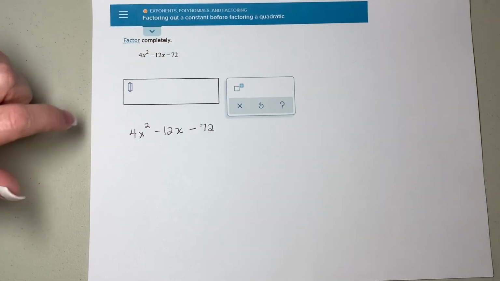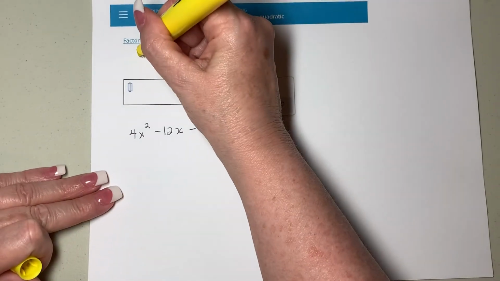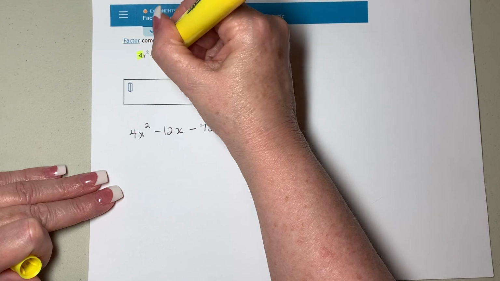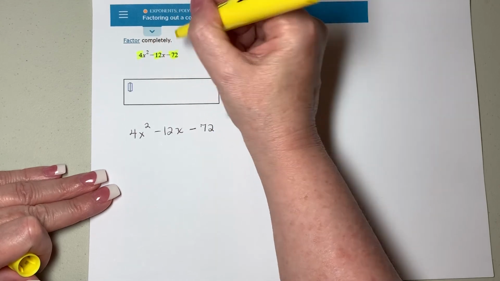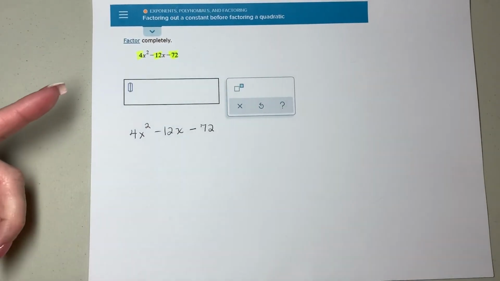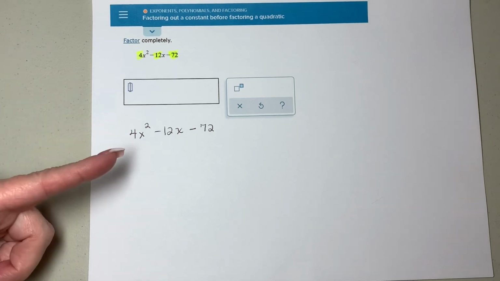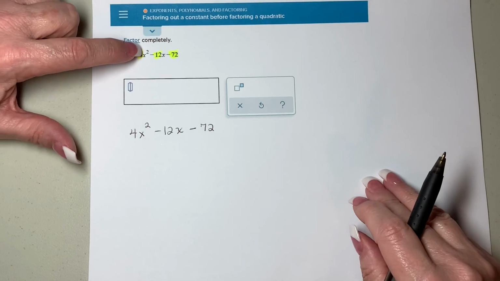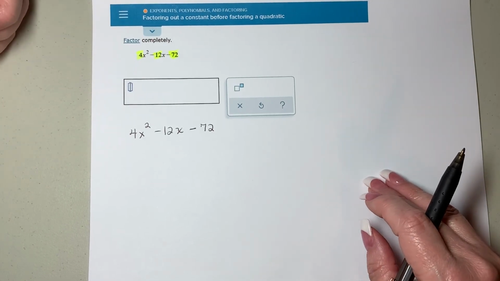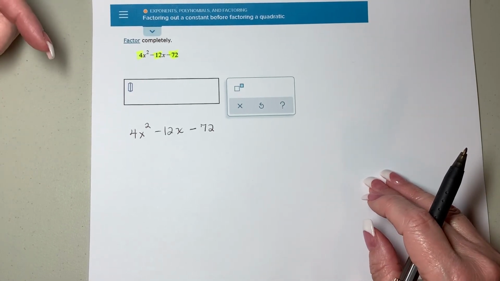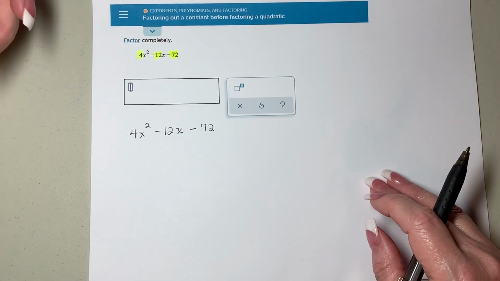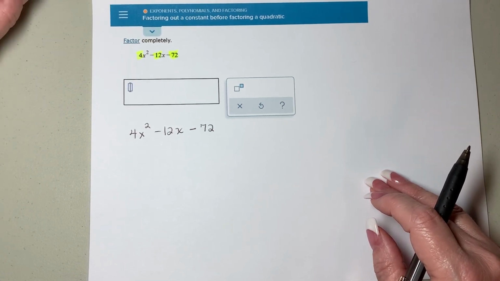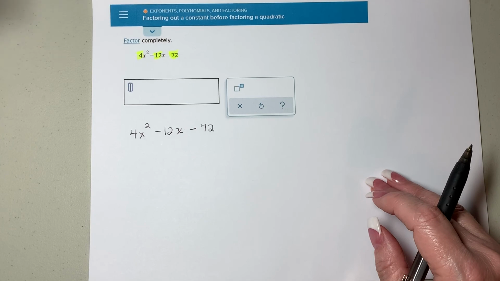So you only want to focus on the 4, the 12, and the 72 and figure out, well, what number goes into all three of those. Actually, there's two numbers that go into all three of those. Since they're all even, I know they're divisible by 2. So I could factor out a 2, but whenever you're factoring, you want to factor out the largest possible factor.